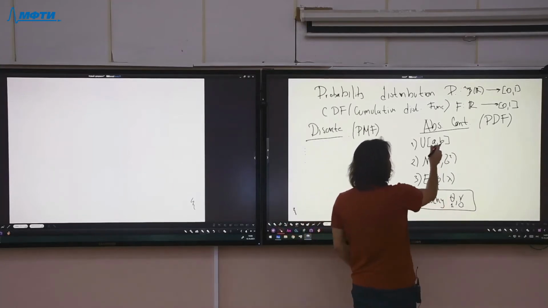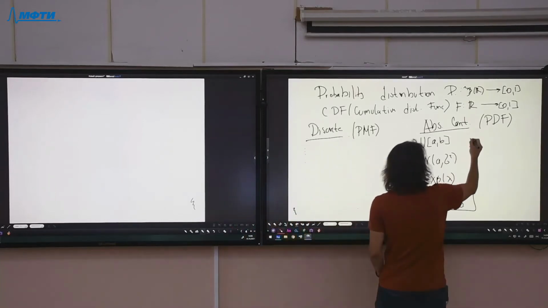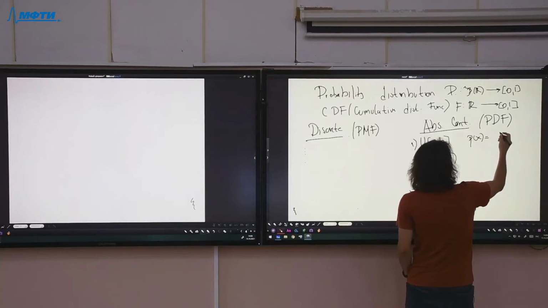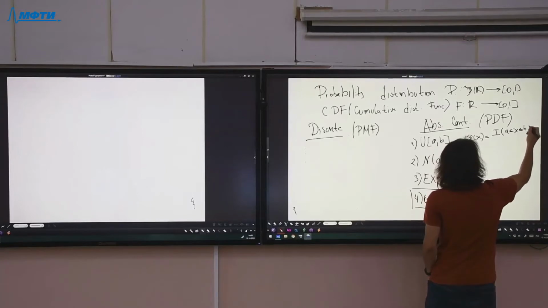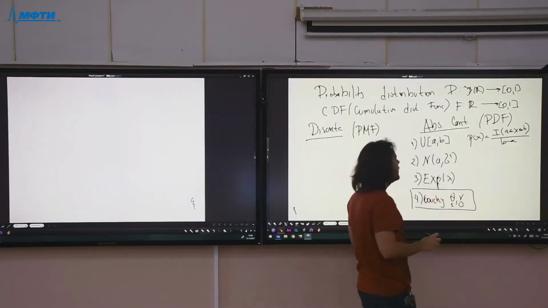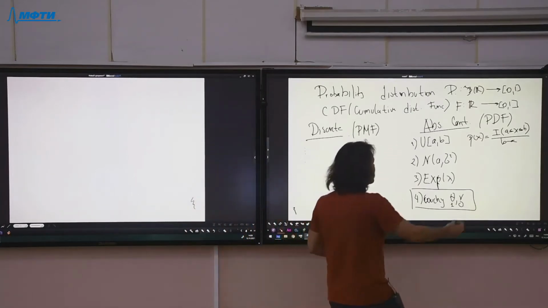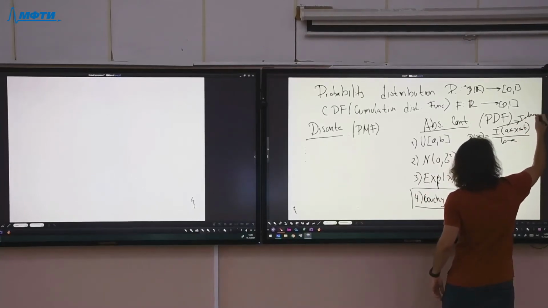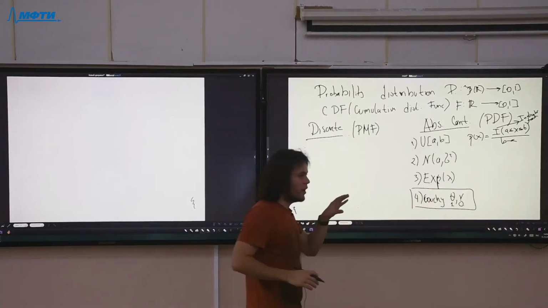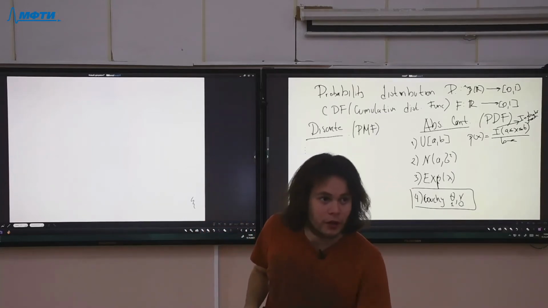For example, in the case of the uniform distribution on any interval A and B, we have that the PDF is just 1 over B minus A, in the case when X is between A and B, right? Do not forget that this means the indicator function, right? So it means that if X is between A and B, then this is 1. If X is not between A and B, then this is 0. Okay?